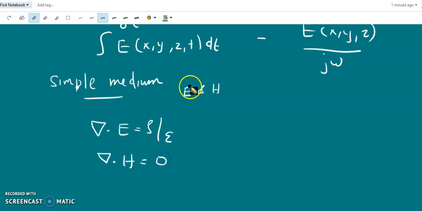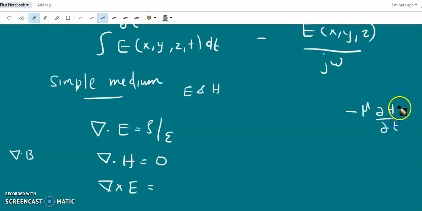We are going to write in terms of E and H. Since del dot B is equal to 0, del dot H is also 0, and del cross E is equal to minus ∂B/∂t. B is mu into H, so minus ∂B/∂t is minus mu ∂H/∂t. So del cross E is minus mu ∂H/∂t.